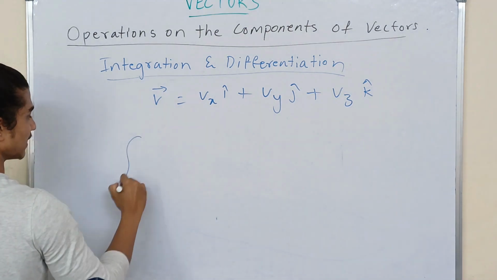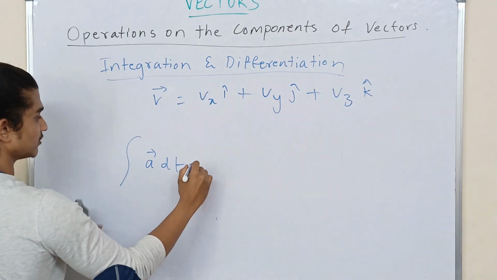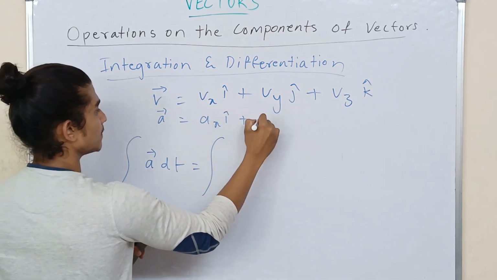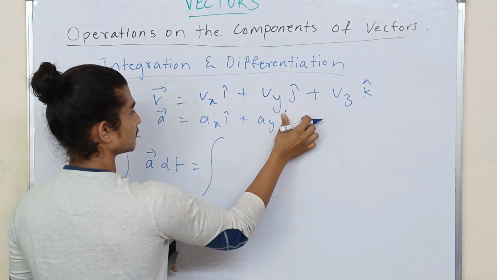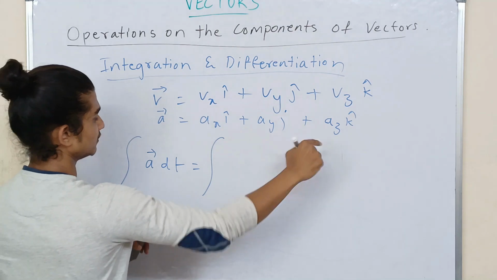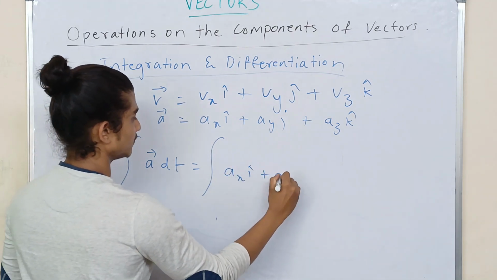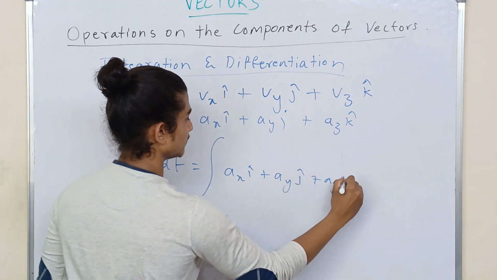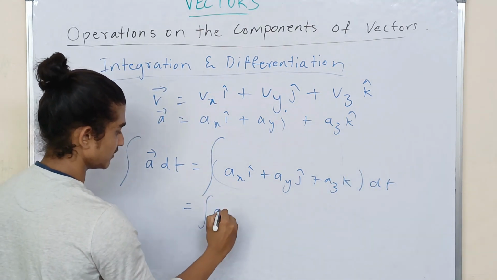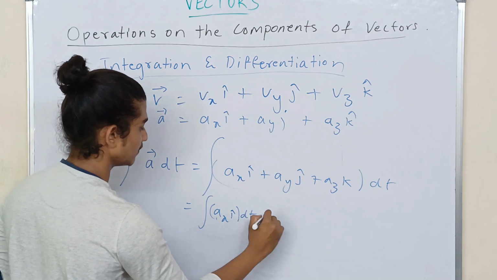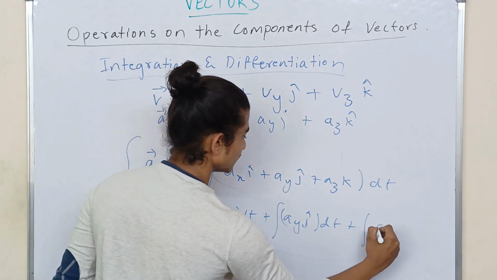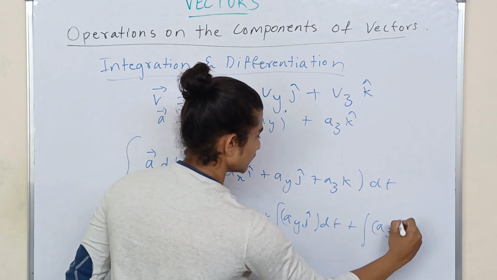Suppose I take the acceleration vector, ax i cap plus ay j cap plus az k cap, and integrate it with respect to dt. So integrating this, I'm going to get integration of ax i cap dt plus integration of ay j cap dt plus integration of az k cap with respect to dt.